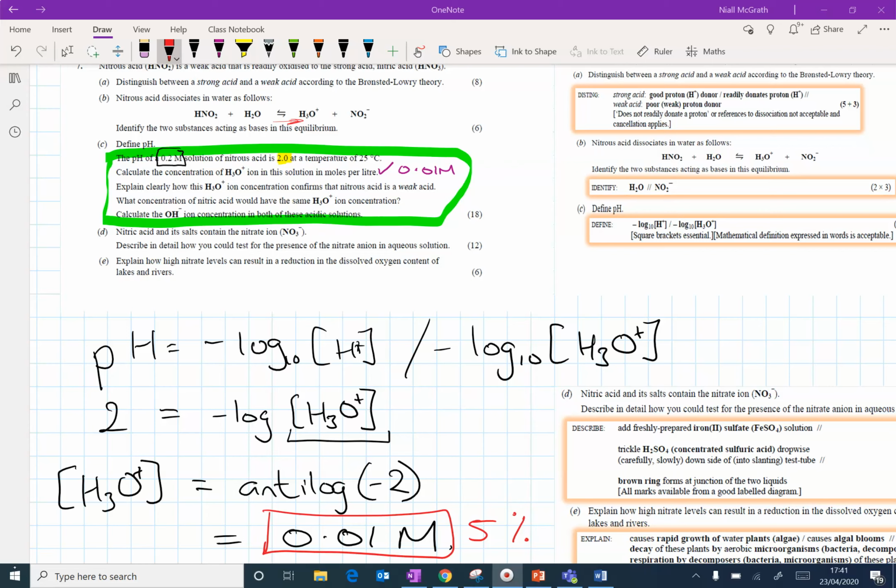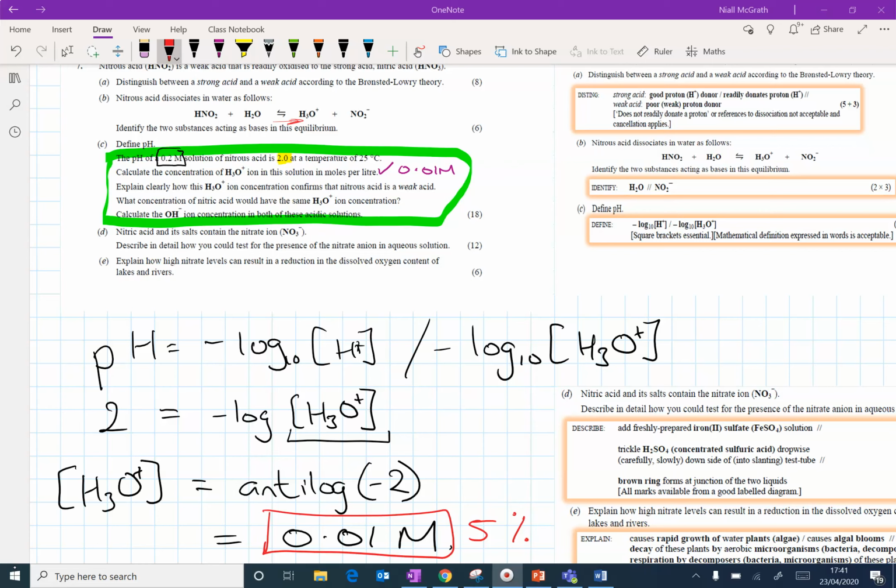The next part of our question is: what concentration of nitric acid would have the same H3O plus ion concentration? Nitric acid is a strong acid, so as we mentioned earlier, the concentration of your H3O plus ions will be the same as the concentration of the solution.